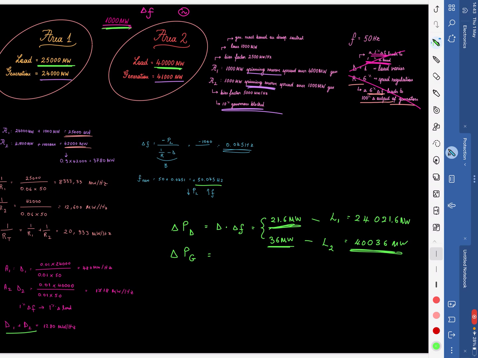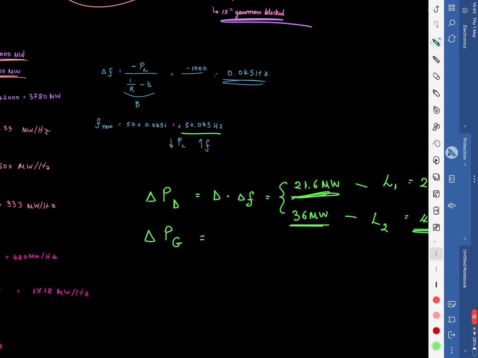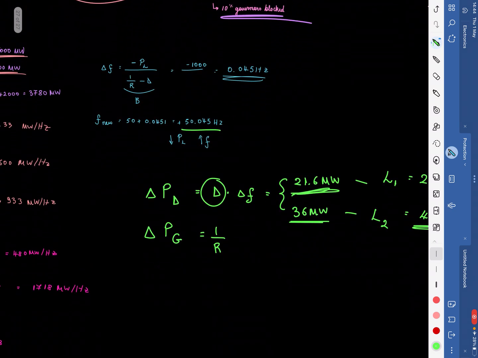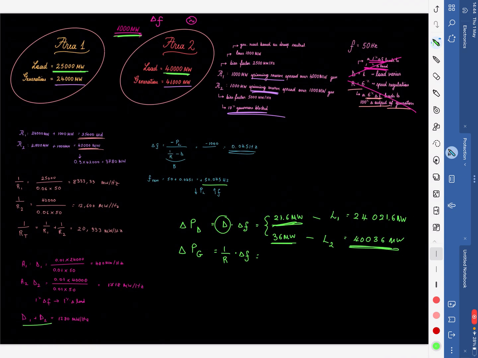Now for generation, change in generation power, we're going to do the droop response, because that's what corresponds to generation. This corresponds to the loads. So this times the change in frequency of the system. Once again, we have a change in droop response for area 1 and for area 2, because we need to do it twice, times the change in frequency of the system, which is this.